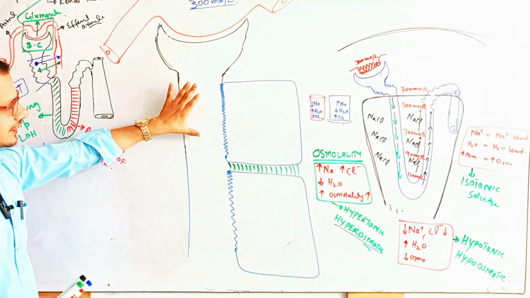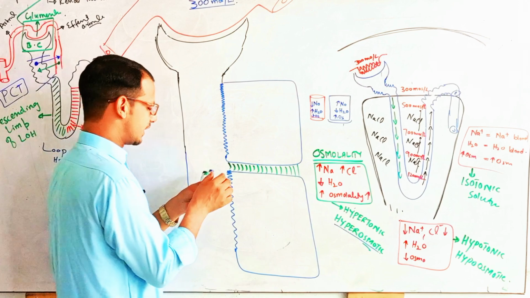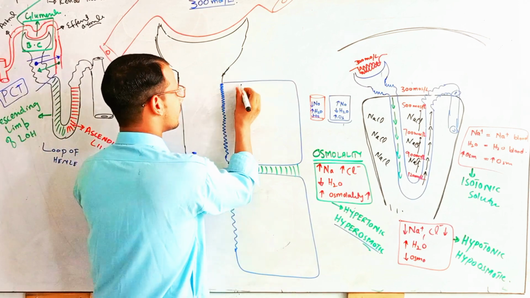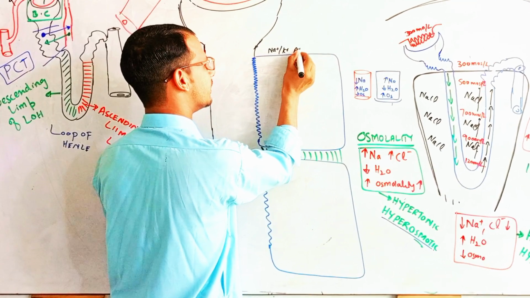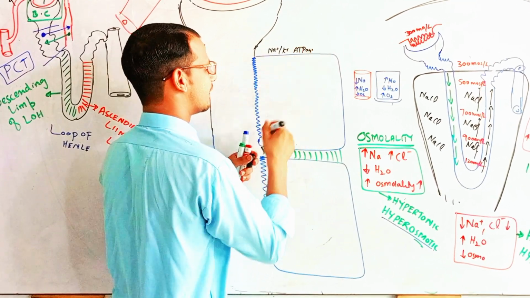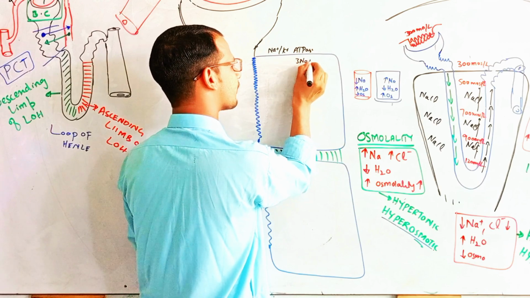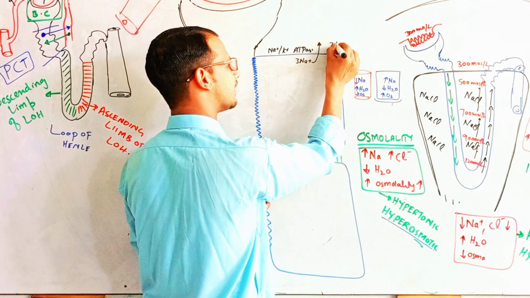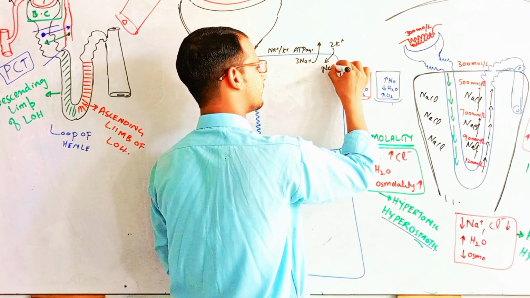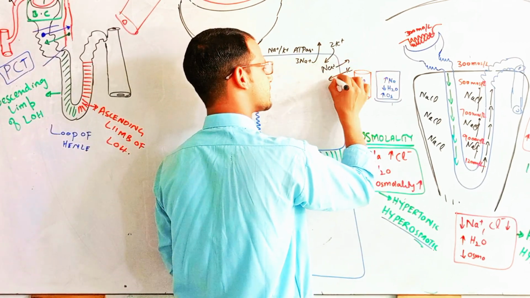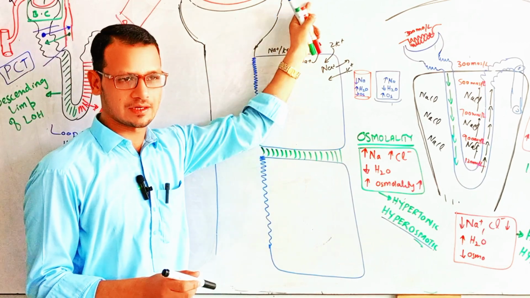Now what is the mechanism in proximal convoluted tubules? Just recap quickly. We have the sodium potassium ATPase. Remember this, it takes 3 sodium from the cell outside and it takes 2 potassium into the cell. Sodium is leaving and potassium is getting in, and it causes the sodium concentration gradient here, right?